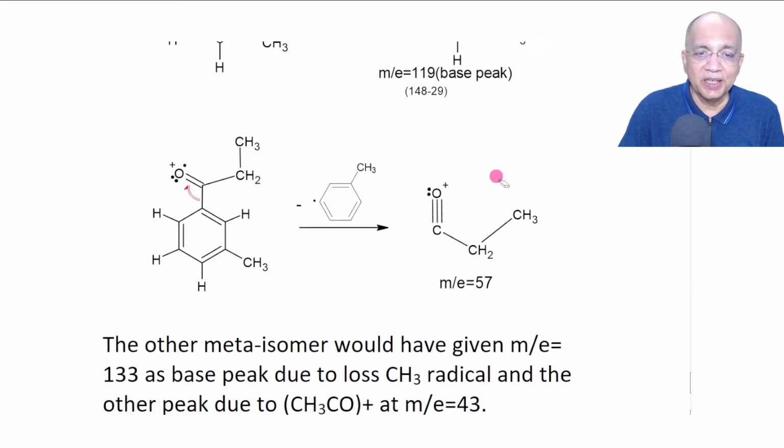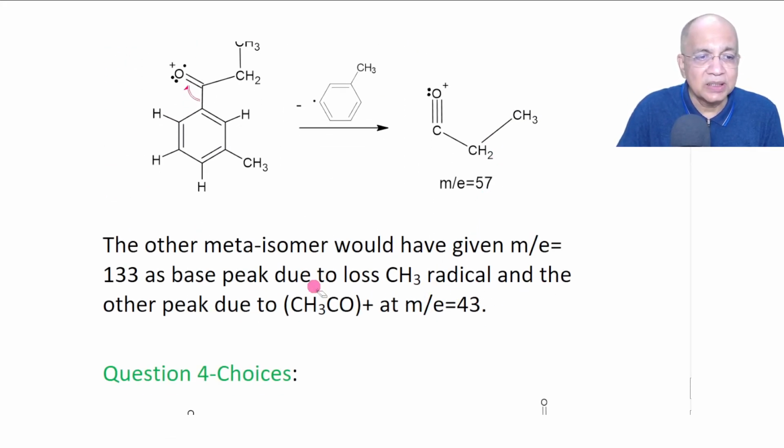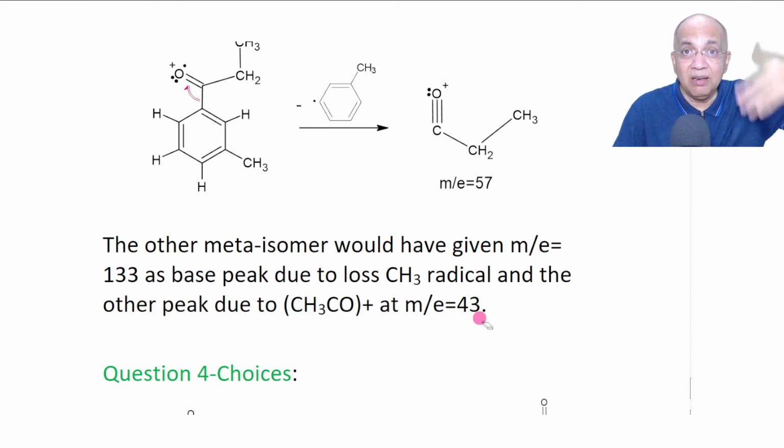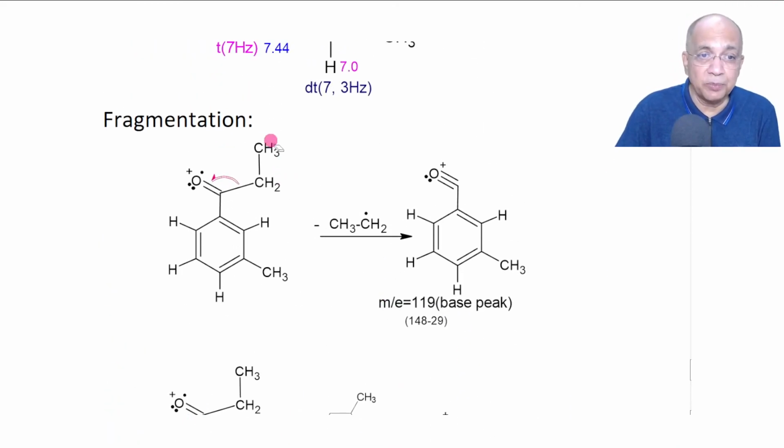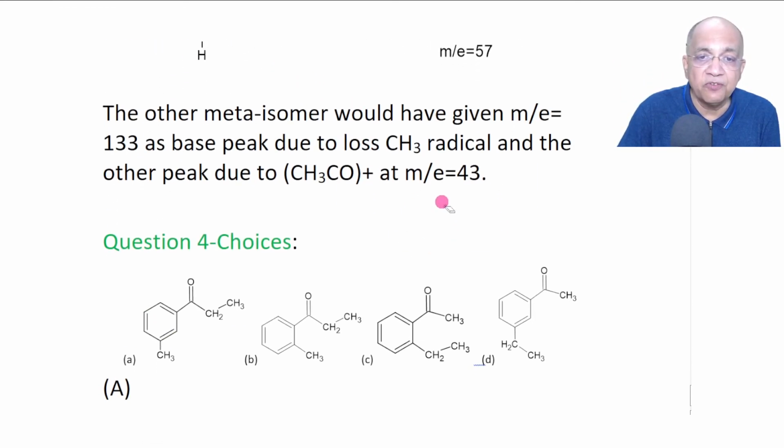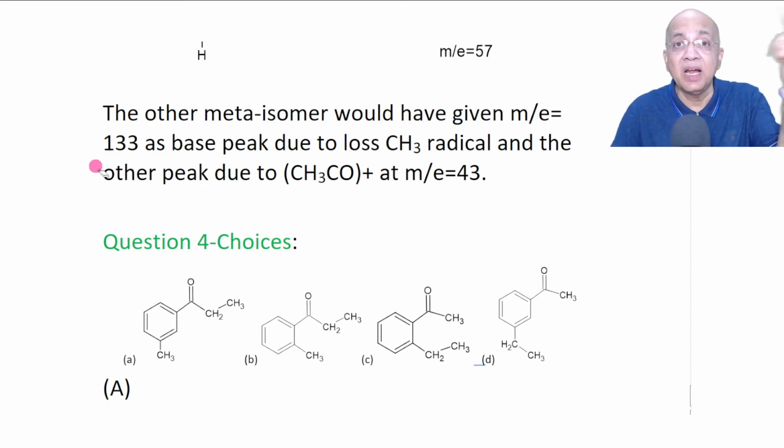I've shown here that for the other meta-isomer, the loss of methyl would have given the 133 peak, 148 minus 15, but there is no 133. And the loss of the phenyl, that means only the CH3CO, had it been CH3 alone, that would have given a 43 peak. No 43 peak, no 133 peak, instead 119 and 57.